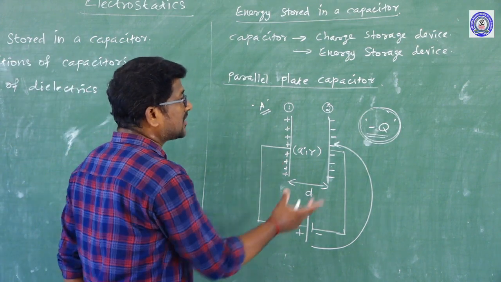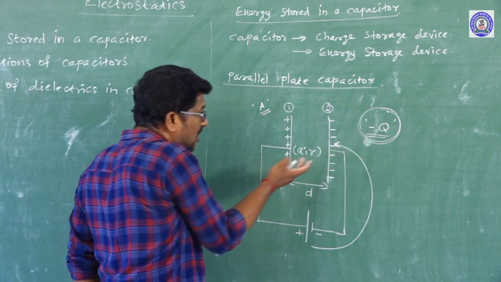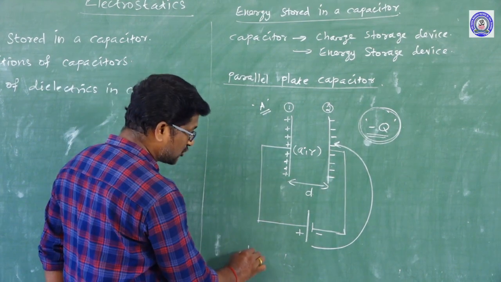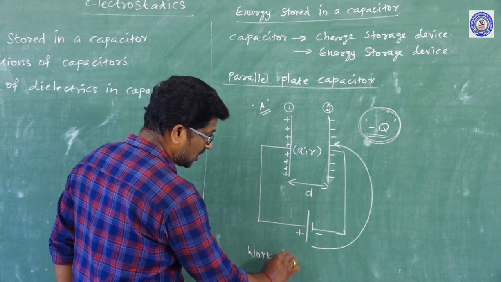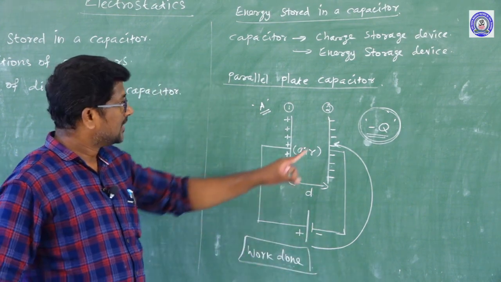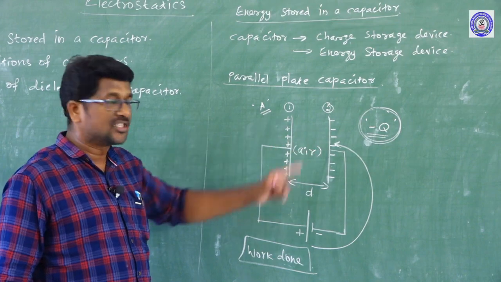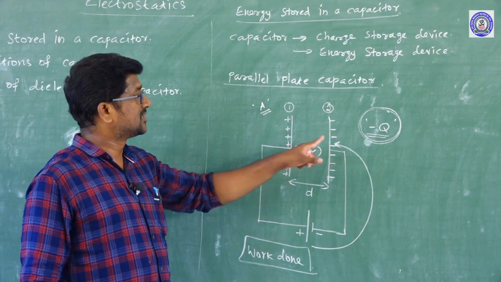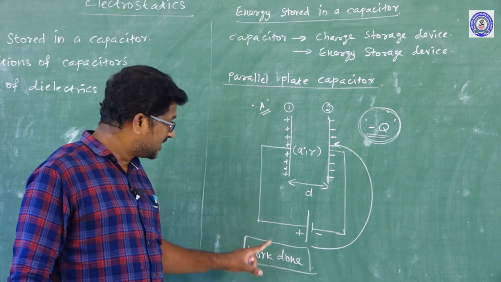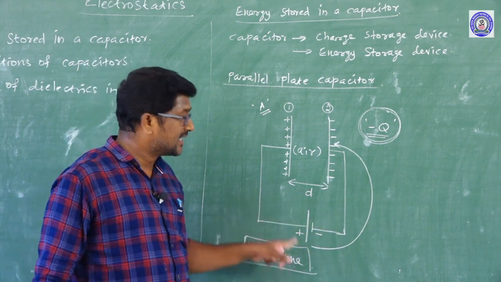To transfer this much amount of charge from one plate of the capacitor to the other plate, work has to be done. This work is done by an external agency.